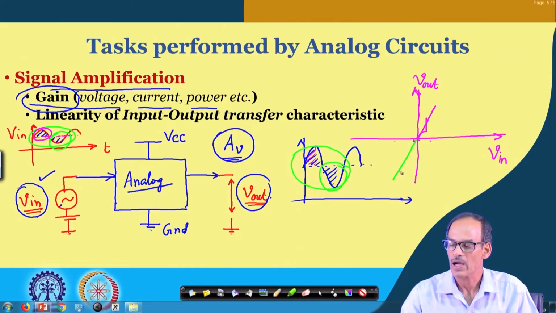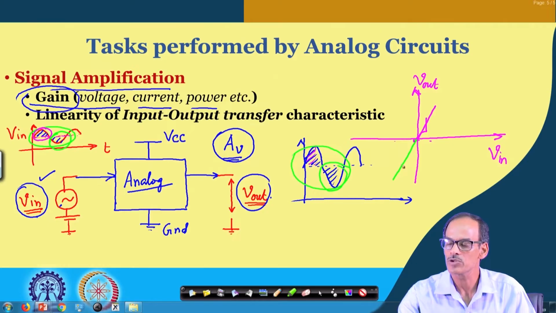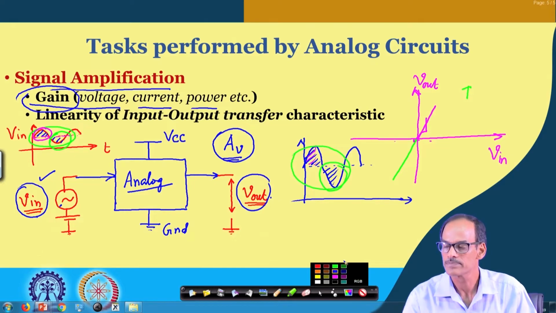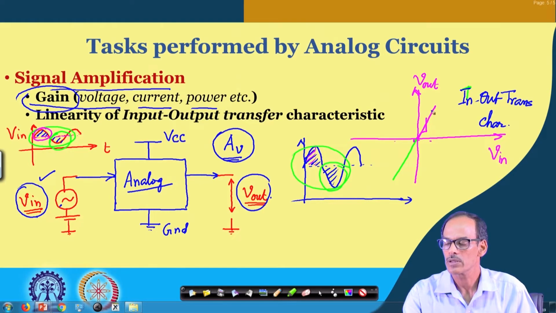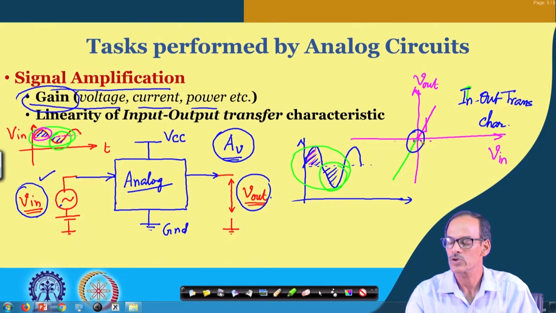So, ideally we want this input to output transfer characteristic. This is called the input to output transfer characteristic. This characteristic should be as linear as possible, but of course, practically it may be retained fairly linear around this operating point.